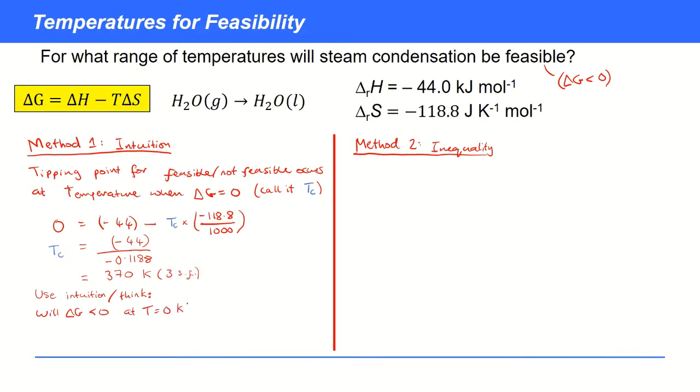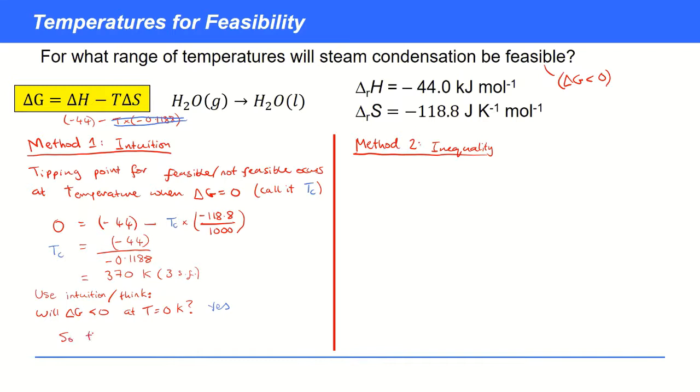If we look at this formula, we've got minus 44 in there, and then we've got minus T times minus 0.1188. Now if the temperature is 0, then this term just disappears. So I'm left with delta G is minus 44 kilojoules per mole, so the answer is yes, it will be. And so that means it's feasible at 0 Kelvin.